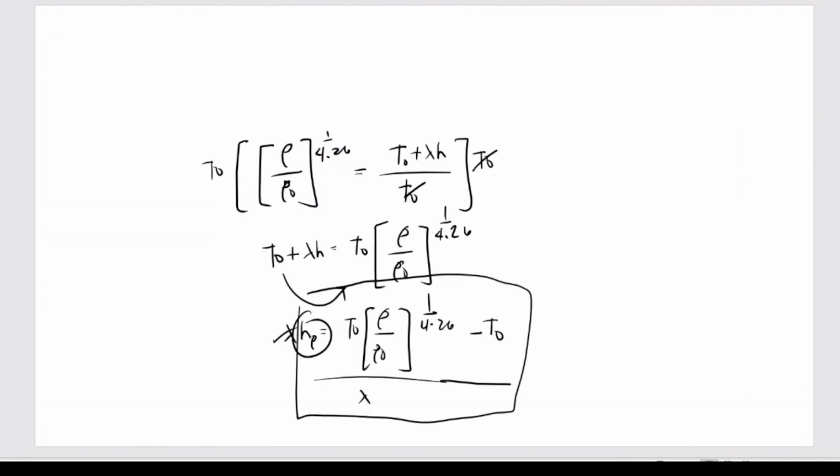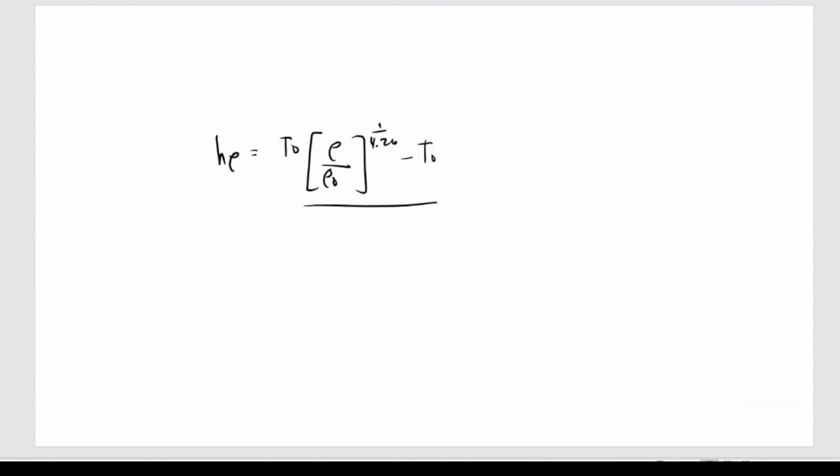Again, H sub rho is equal to T sub O times rho over rho sub O raised to 1 over 4.26 minus T sub O, over the lapse rate.